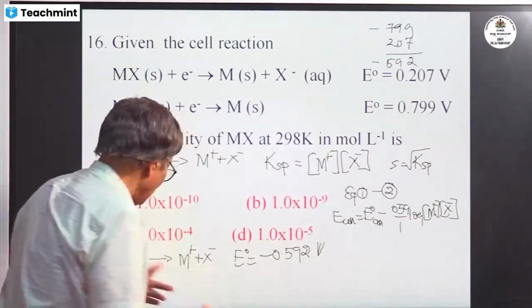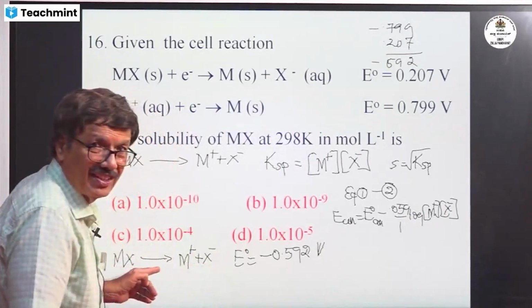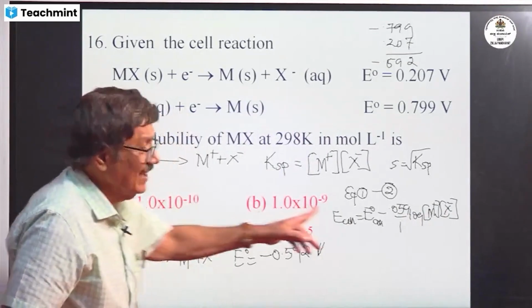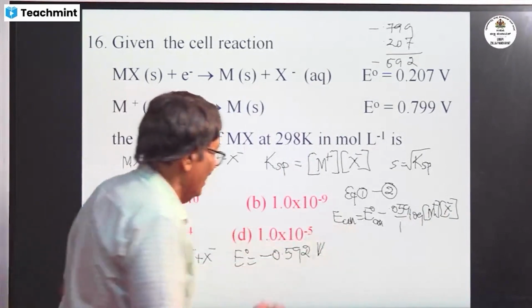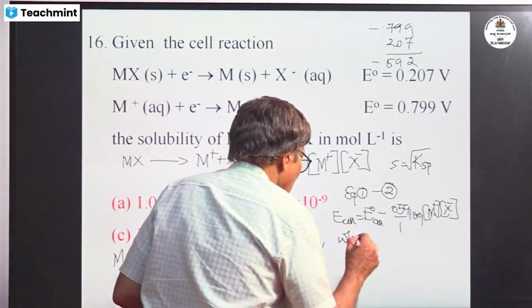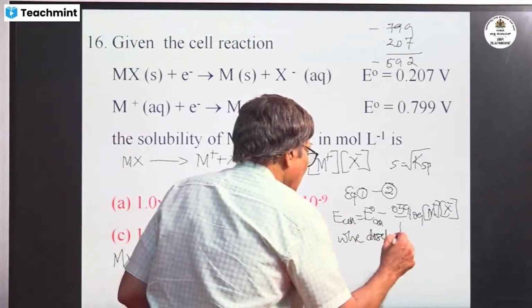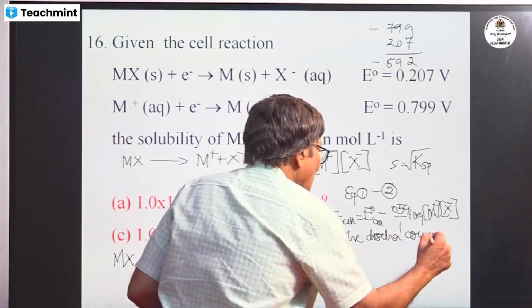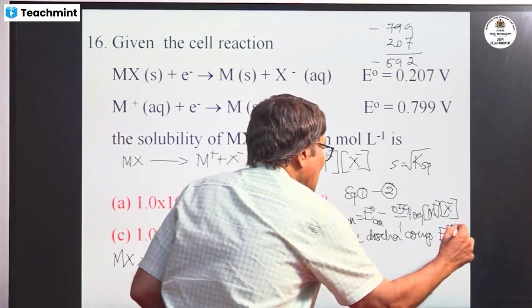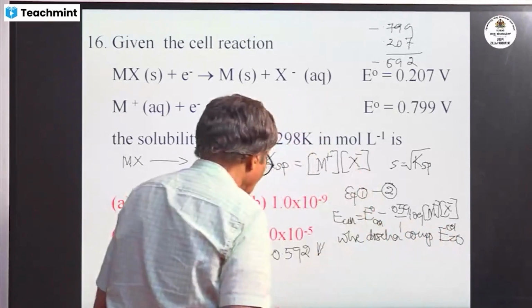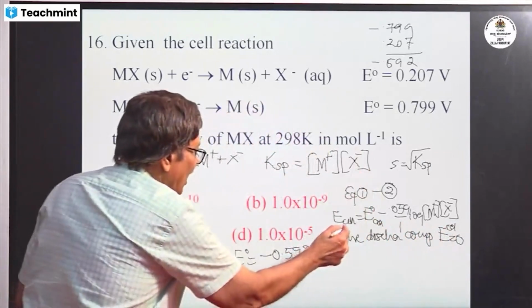I can write like this because this is solid, you leave it. When the cell is discharged completely, E cell becomes 0. Then how can I write?